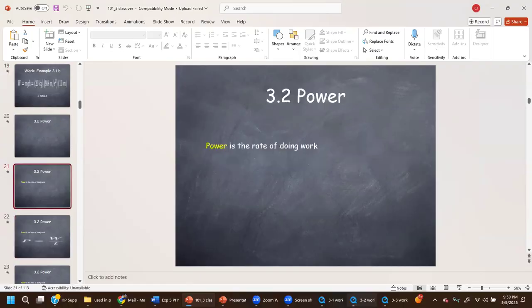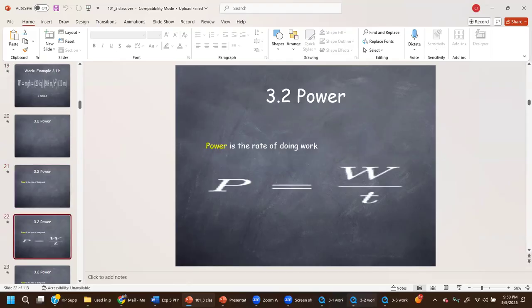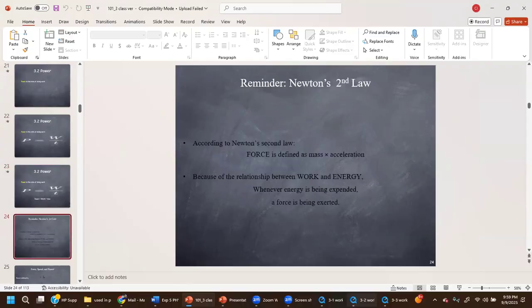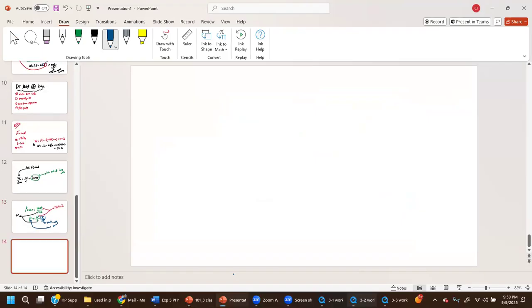So the power is defined as the rate of doing work, which is going to equal your work divided by your time. Now, according to Newton's second law, the force is defined as mass times acceleration. Because of the relationship between work and energy, whenever energy is being expended, a force is being exerted. Your power is defined as your work over your time, and we define the work as your force times your distance.